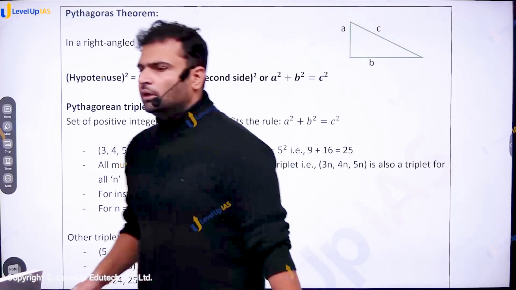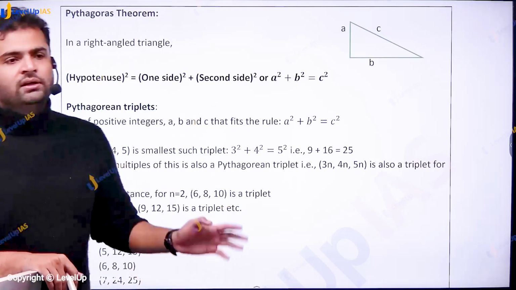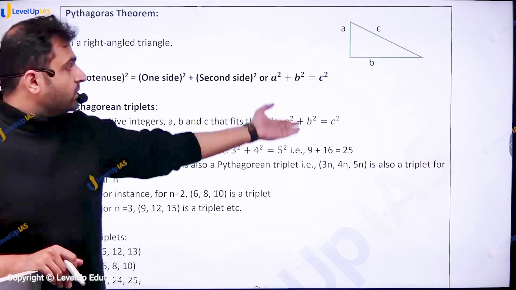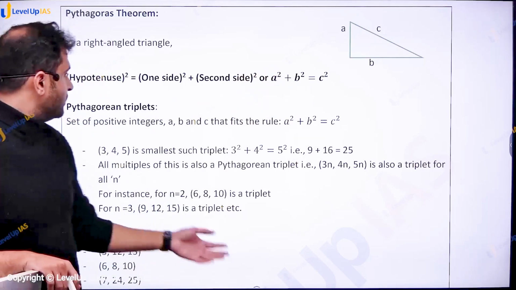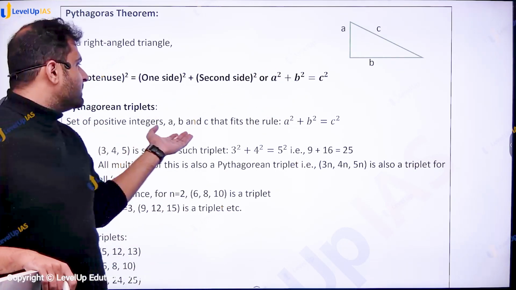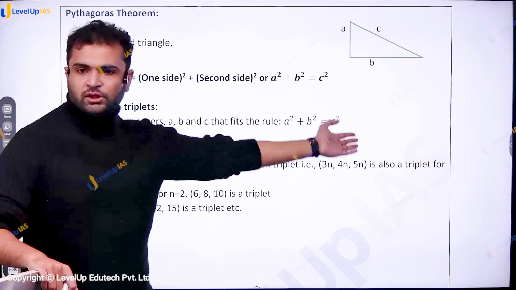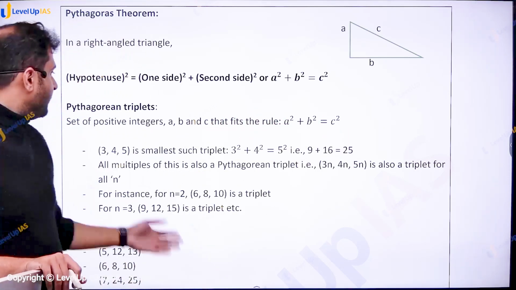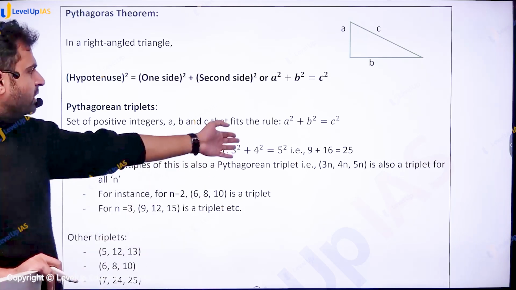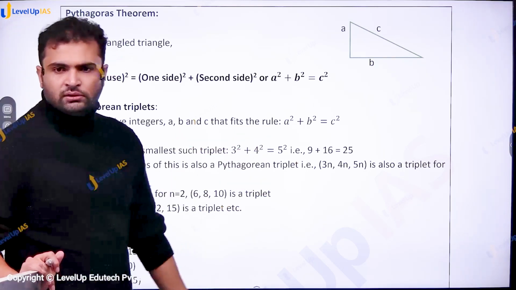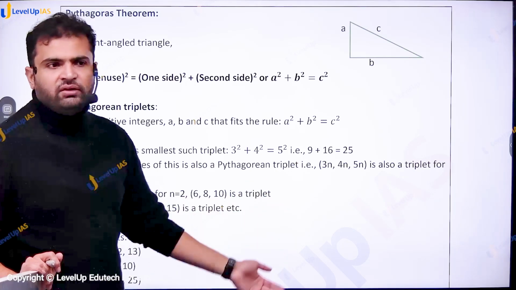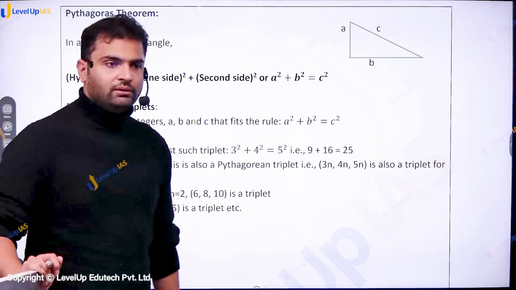Next is Pythagorean triplets. These are nothing but the numbers which follow Pythagoras theorem's rule. So these are positive integers a, b, c that fit the rule a square plus b square equal to c square. So 3, 4, 5 is the smallest such triplet. 3 square plus 4 square is equal to 5 square. 3 square is 9, 4 square is 16, sum is 25, which is the same as 5 square.